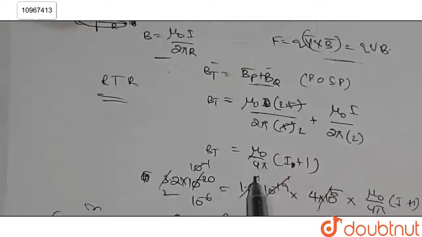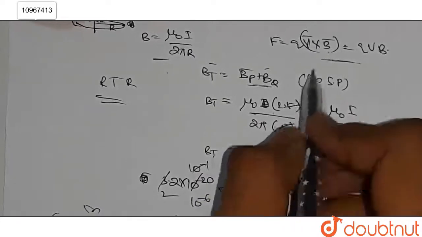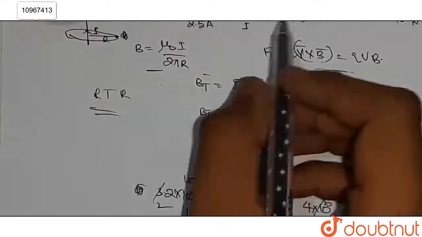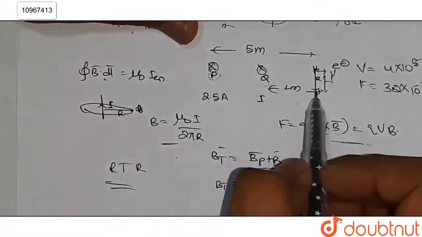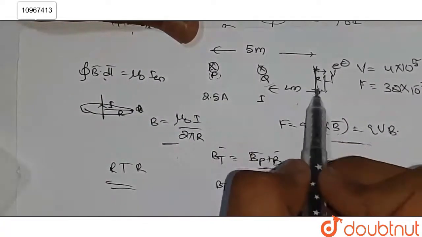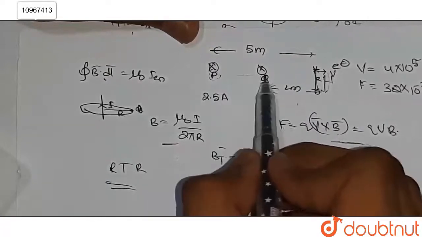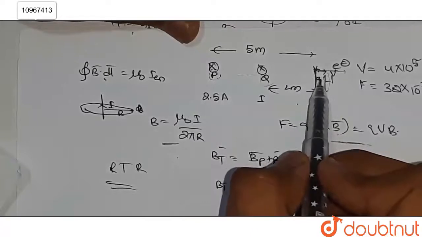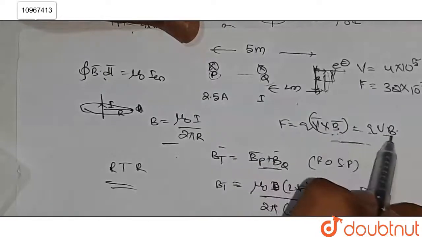Okay, and already they have given V, we know that F is equal to Q V bar cross B bar. Now look here, the magnetic field will be like this because of these 2 points. So the velocity is like this, positive x-axis, so 90 degrees angle, so QVB.